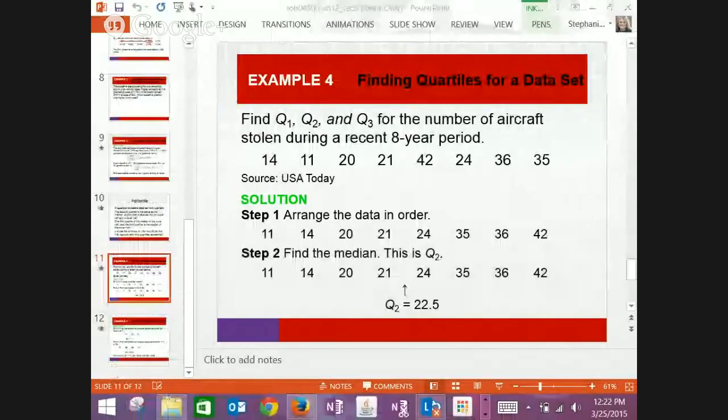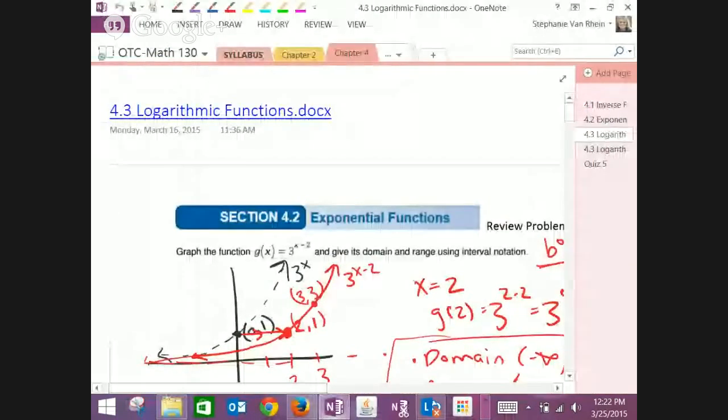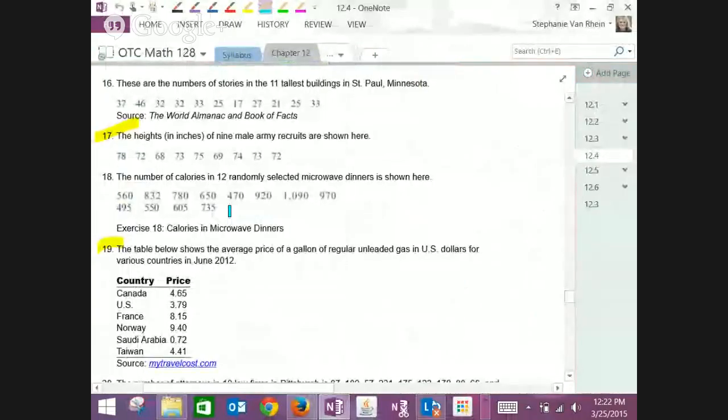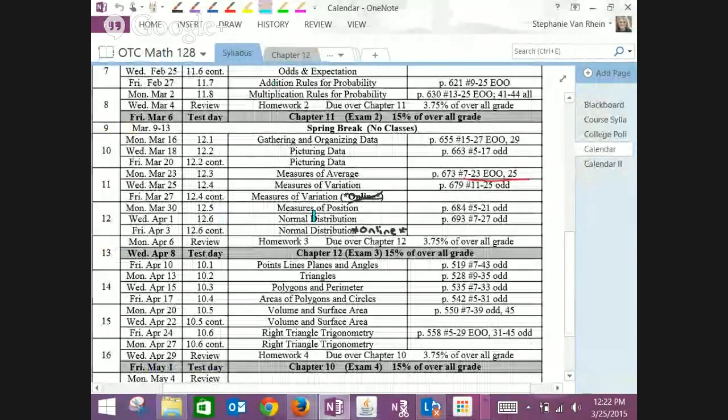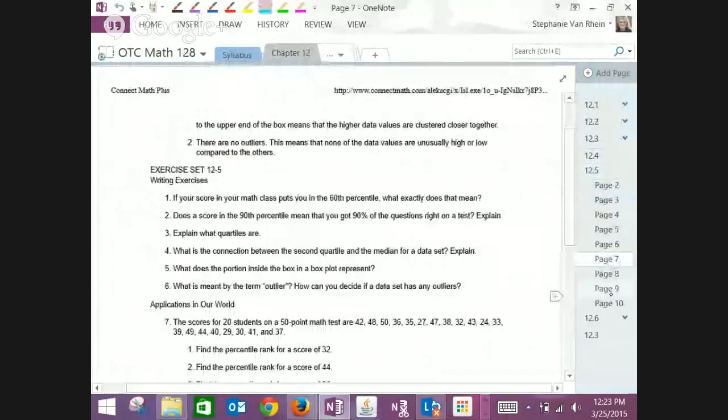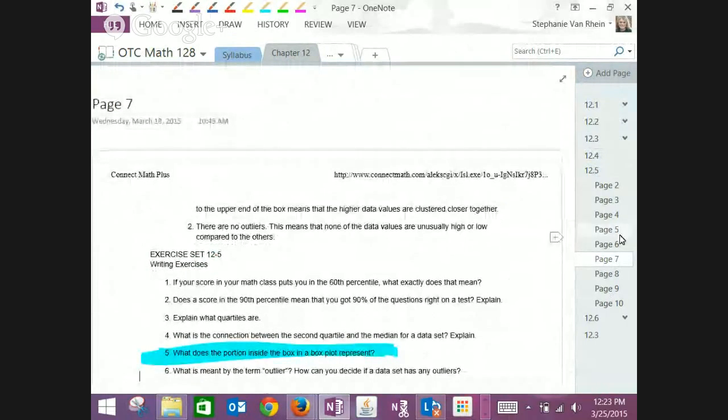Let's go to your homework, 128. On 12.5, 5 through 21 odd.